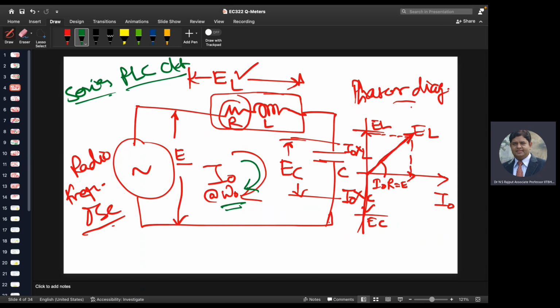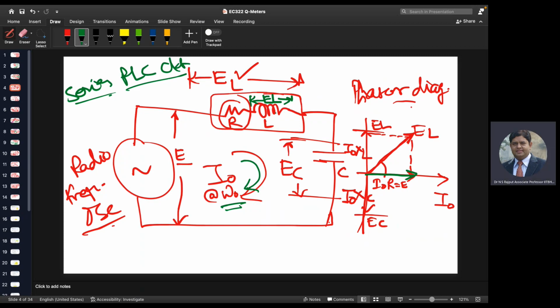So whatever is flowing through the R can be shown like this, in phase, right? And when this current enters the inductance, the voltage generated across the inductor, let me show it as capital EL, right? Because here I have written it as capital EL, so okay, let it be.